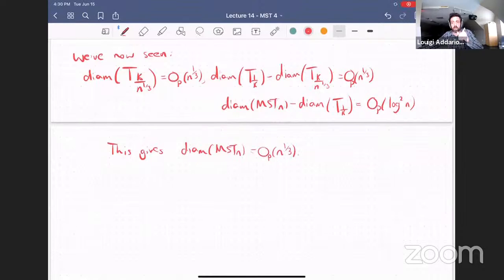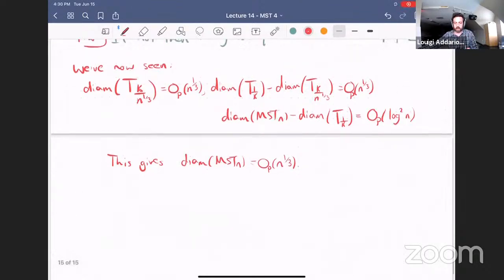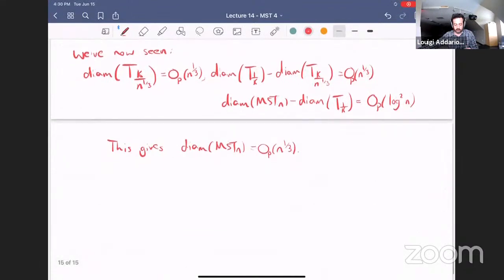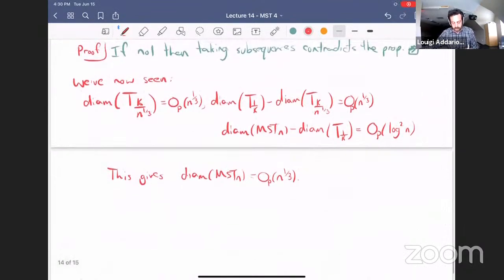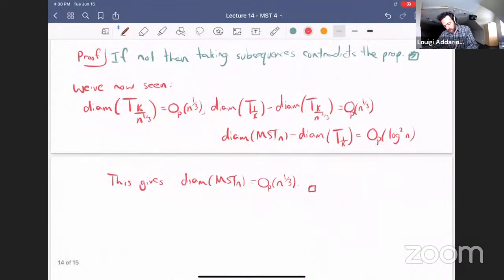Okay, so I'm just going to say 1 or 2 more words before wrapping up. I know I'm at time already. So this was our upper bound to match the lower bound, okay? We now know the diameter is typically of order n to the third.